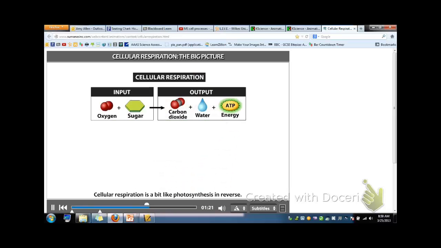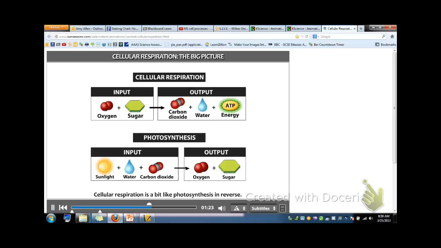Cellular respiration is a bit like photosynthesis in reverse. Note that in photosynthesis, oxygen and sugar are products of the reaction, while they are inputs in cellular respiration. In cellular respiration, carbon dioxide and water are products of the reaction, while in photosynthesis, they are inputs.